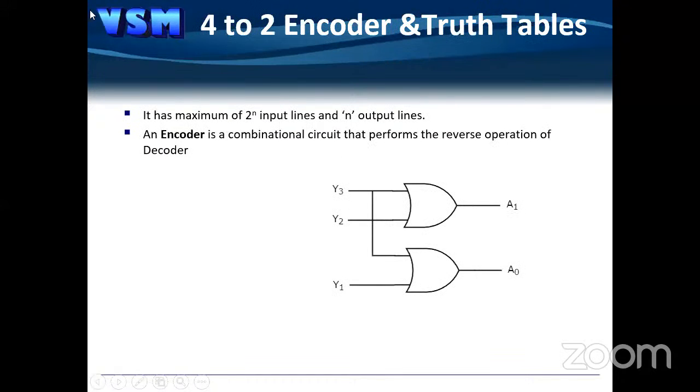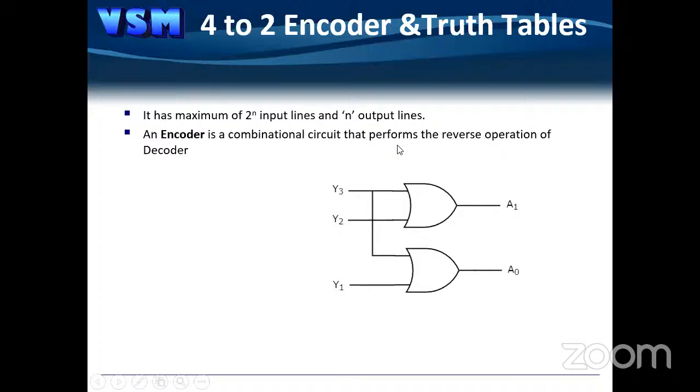Here in the encoder, at maximum we give 2 power n input lines, then we get n output lines. And the 0 values are negligible in the input line; we don't consider the zero value in an encoder. So that's why here we are taking only 3 inputs and we are getting 2 outputs.